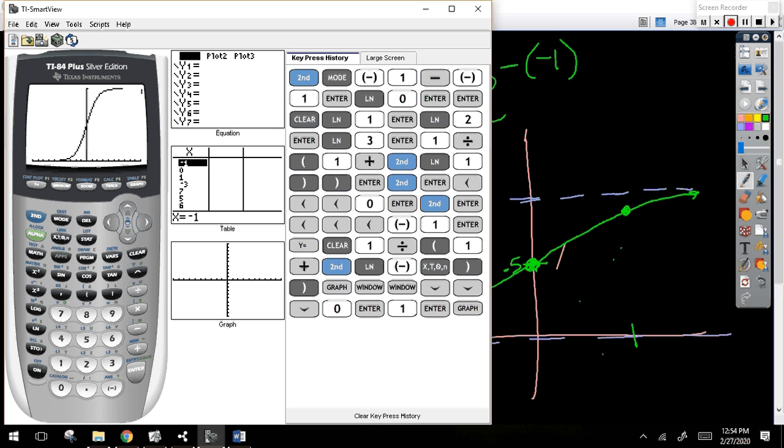Let's see how it stretches out that way. My x is going all the way out to 10 and -10. But anyway, you can play around with that window. Looking a little closer to mine now.